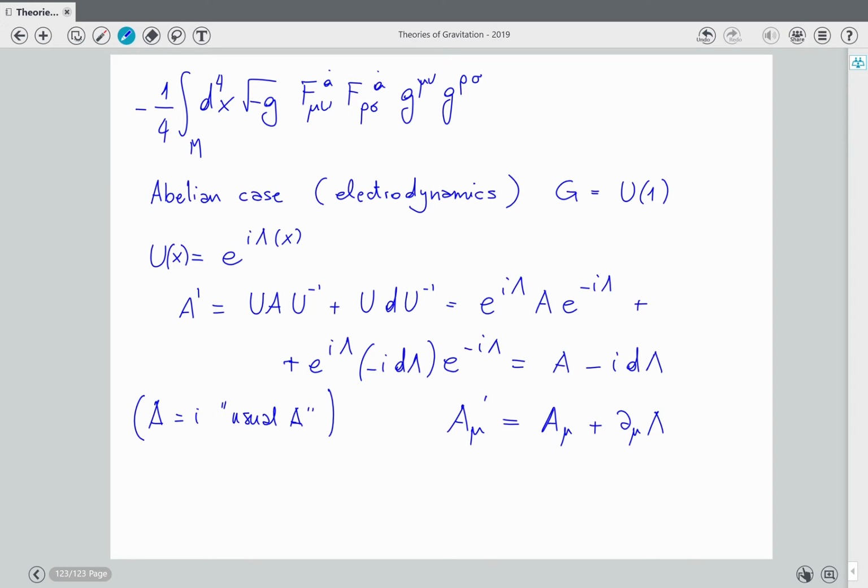It's just to tell you that it is not a big deal to embed non-abelian gauge theories in gravity when you know what to do with the abelian one, with electrodynamics.